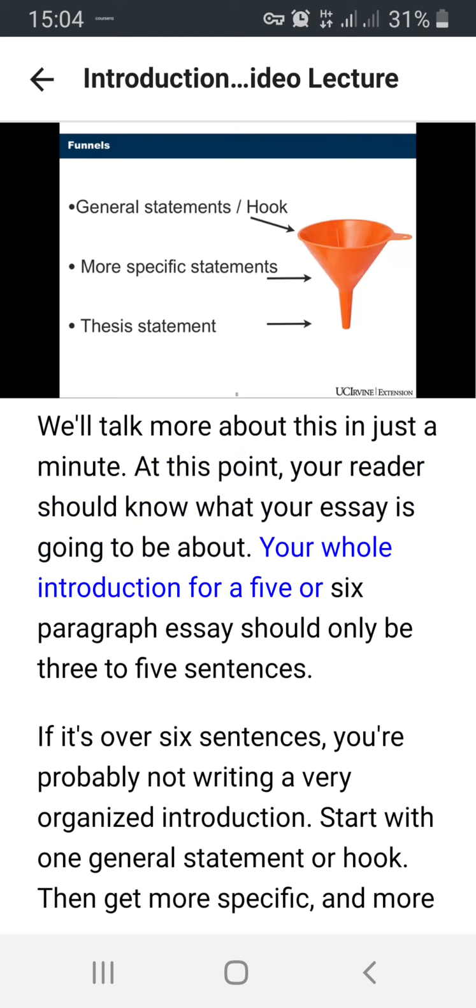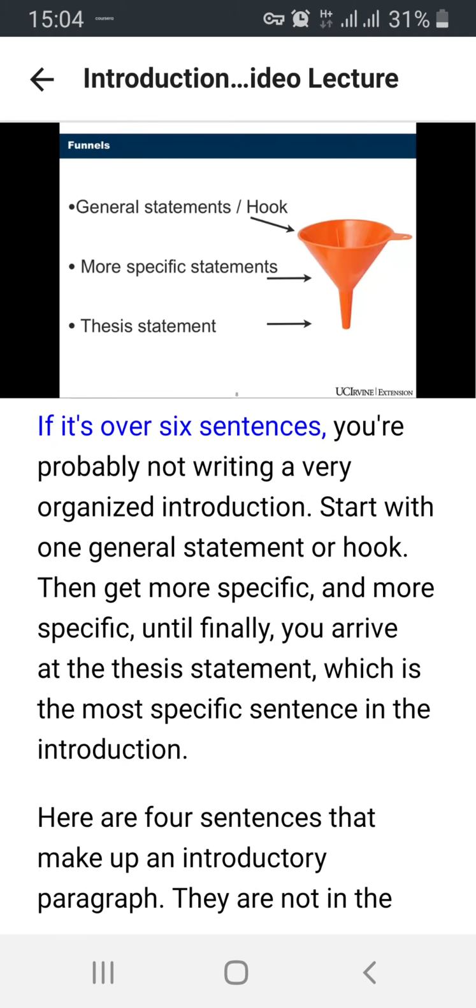Your whole introduction for a 5 or 6 paragraph essay should only be 3 to 5 sentences. If it's over 6 sentences, you're probably not writing a very organized introduction.